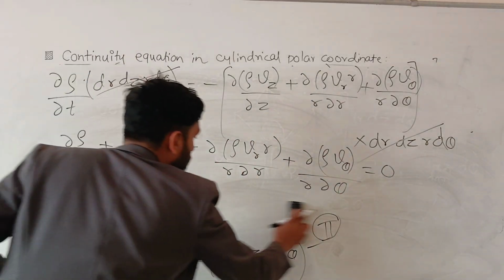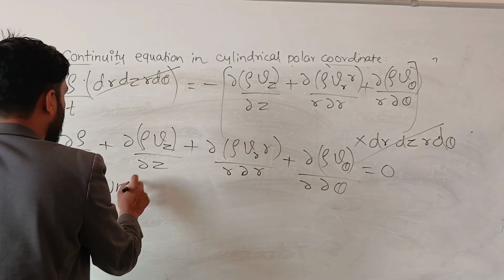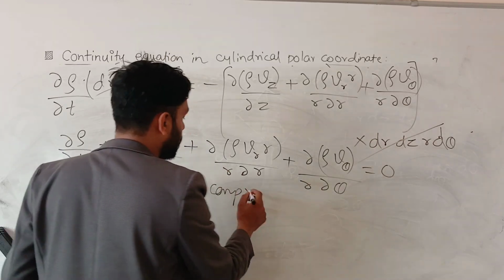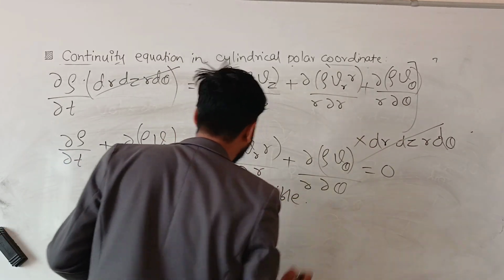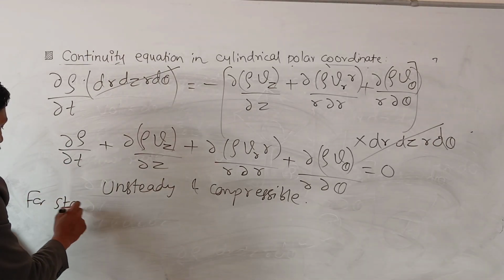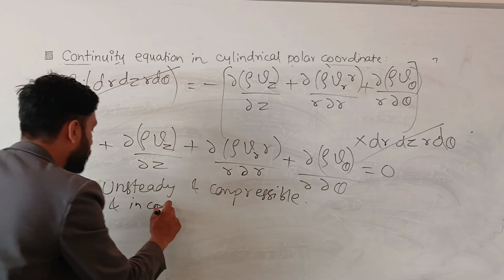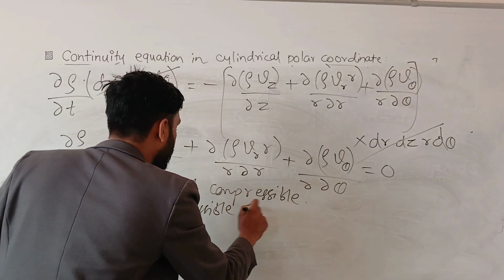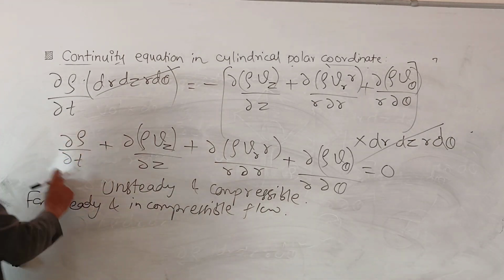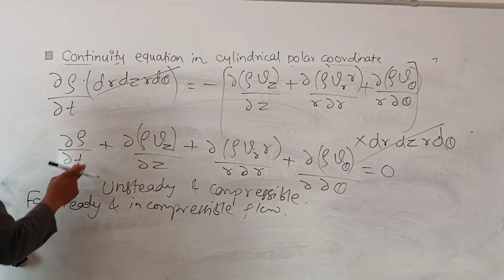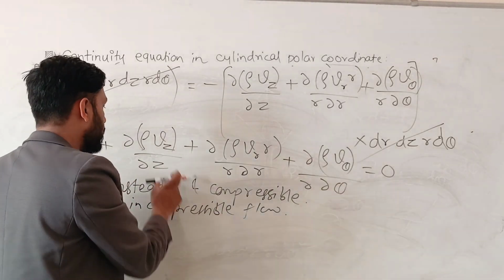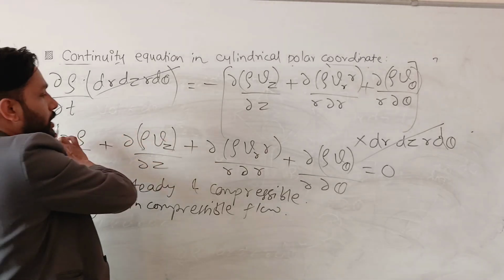This is the continuity equation in polar coordinate system for unsteady and compressible flow. For steady and incompressible flow, you can set the first term to 0, because the flow is steady so there is no time dependency, and the density is constant everywhere, so you can take the density out of the expression.